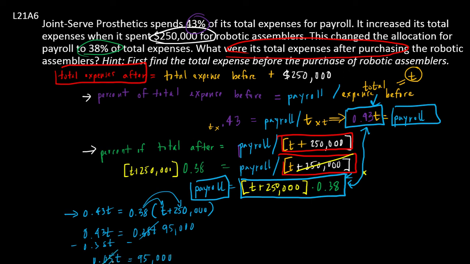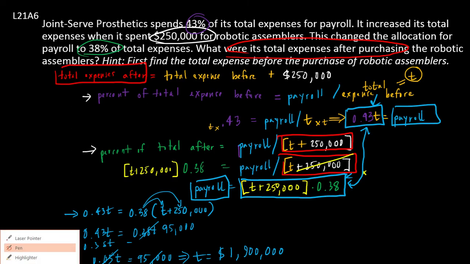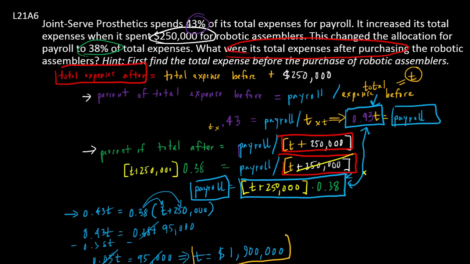If I divide both sides by 0.05, I find that T is equal to $1,900,000. And remember, T was equal to total expenses before. So I've just solved for T, total expenses before.